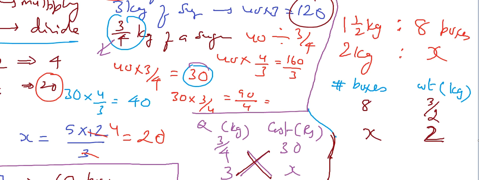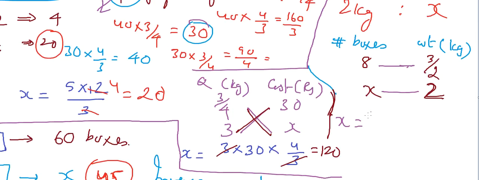So obviously it's an inverse variation. In that case we will use straight multiplication. The number of boxes will be: where both ends have values, the product of that will be the numerator, 8 into 3 by 2.